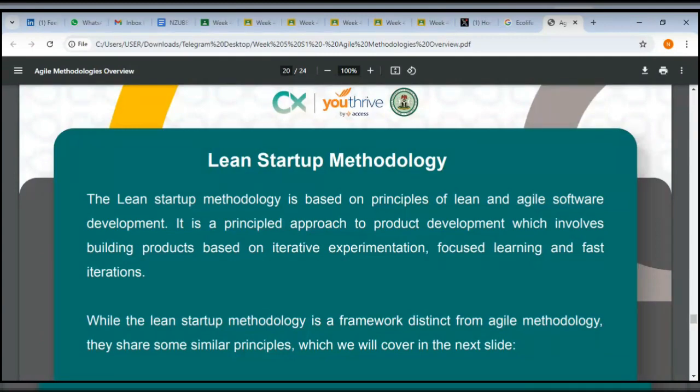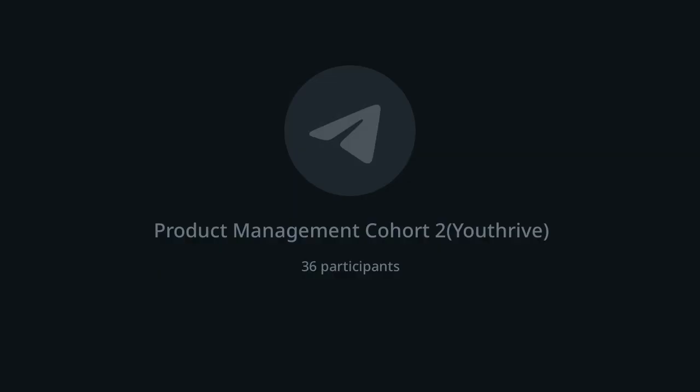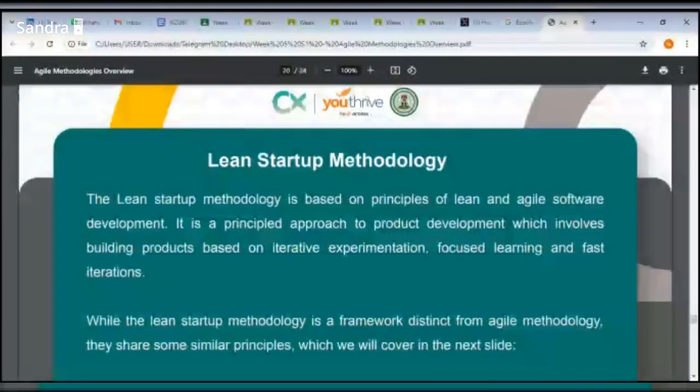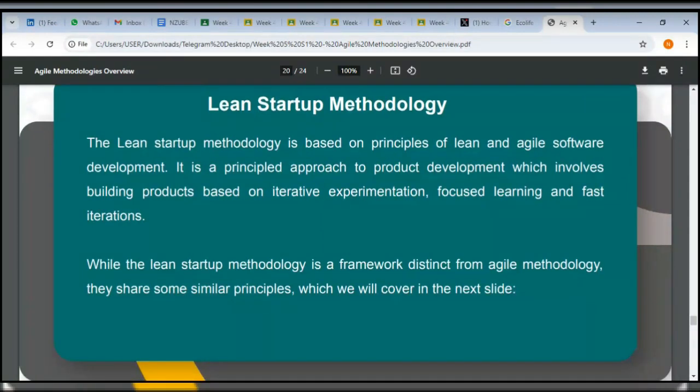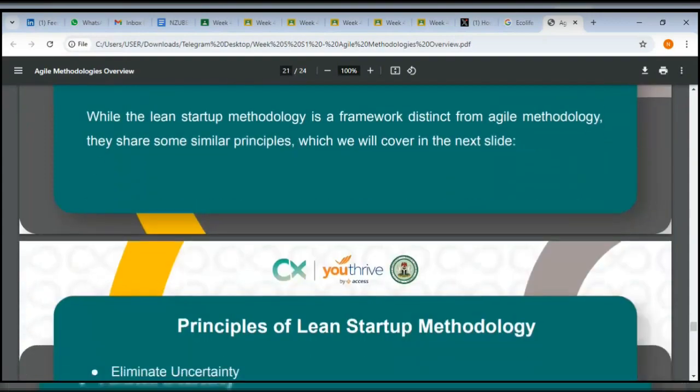Remember what we said, iteration is just a feedback loop where you're able to receive feedback and you improve your product based on that. Receive feedback, improve your product based on that feedback. The feedback could be from anywhere, but most feedback comes from customers or users. While the Lean Startup methodology is a framework distinct from Agile methodology, they share some similar principles, which we will cover in the next slide.